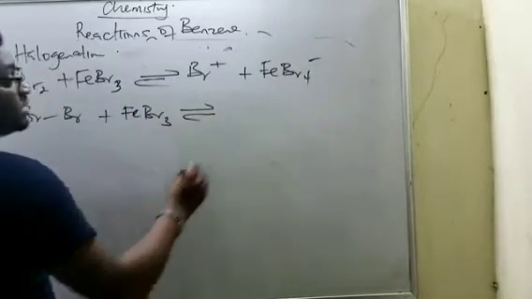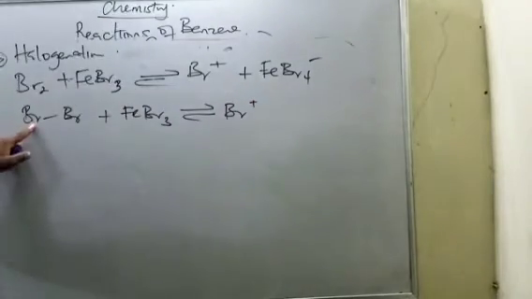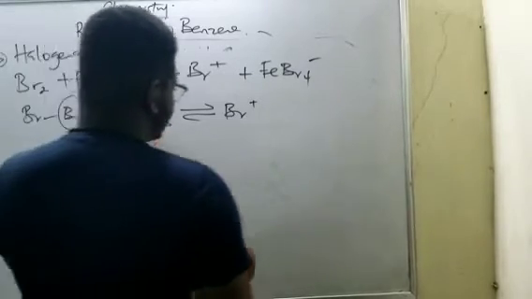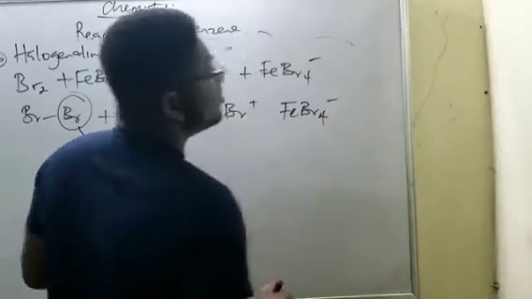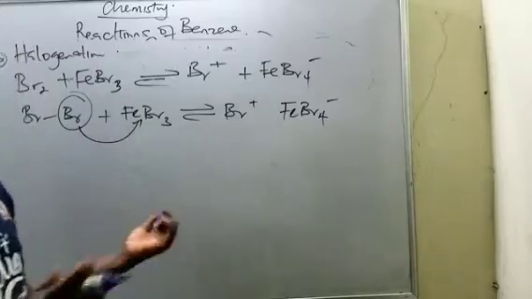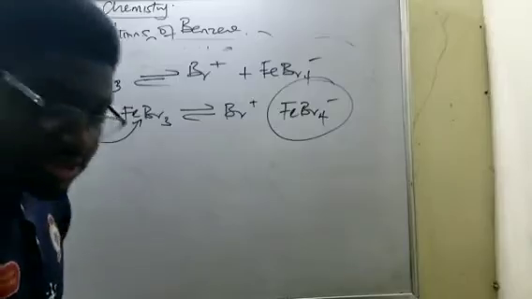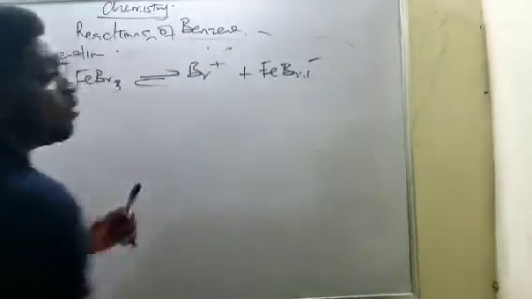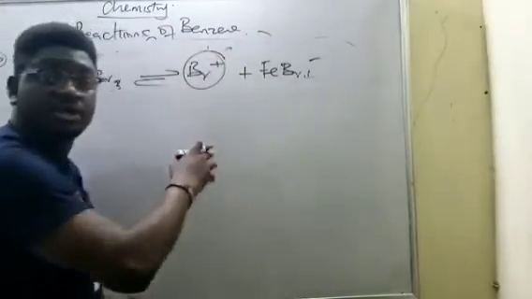This gives us just one bromine as a positive side, then the other attaches itself to the FeBr3, thereby forming a molecular complex, an acid-base complex. So that is how it happens, and we have generated our electrophile. This is the electrophile that we are dealing with.